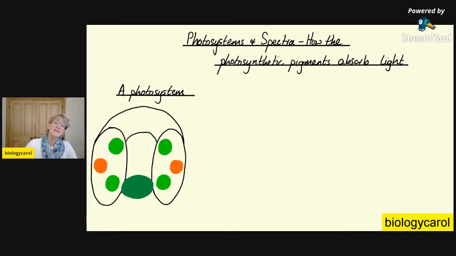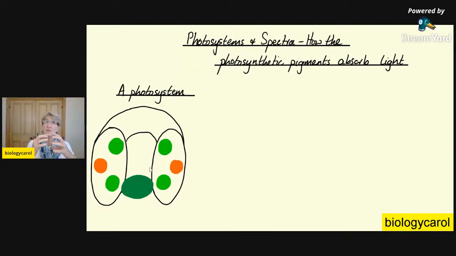So here is my lovely, I'm quite proud of this, lovely but simple diagram of a photosystem. Photosystems are the place where the pigments are fixed into a complex of proteins and photosynthetic pigments.